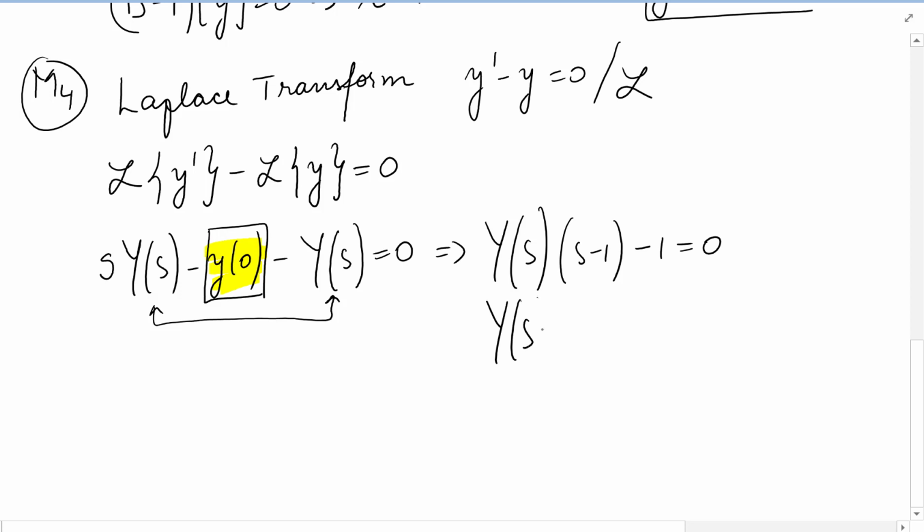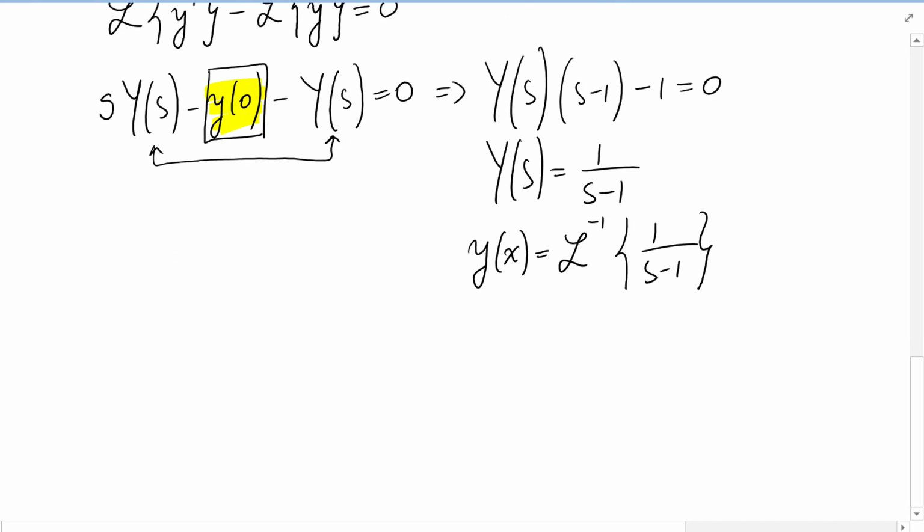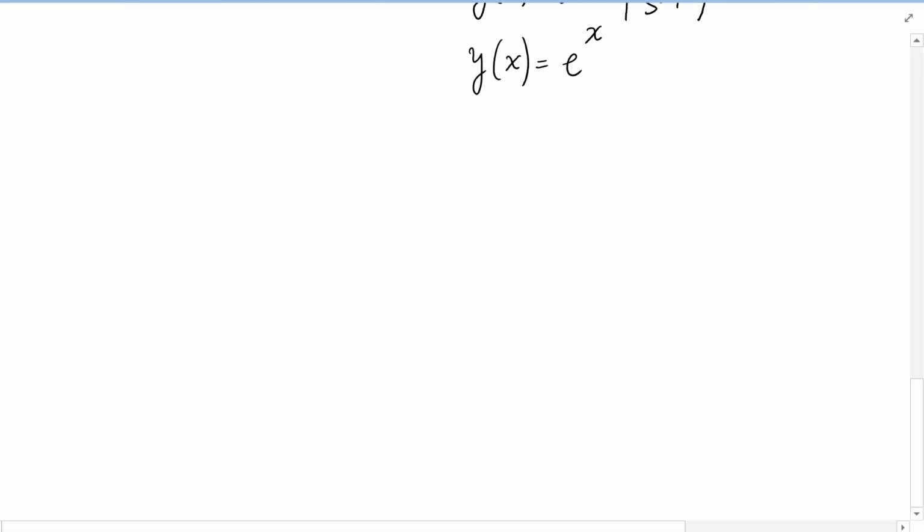So Y of s equals 1 over s minus 1, which means y of x is the inverse Laplace transform of 1 over s minus 1. And if you remember the tables, or you can look in the table, you're going to see that it's e to x. So in this case, we don't get the c anymore because the c is already computed when we do Laplace transform. Method 5.